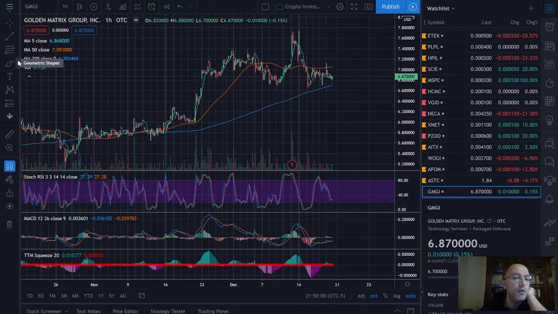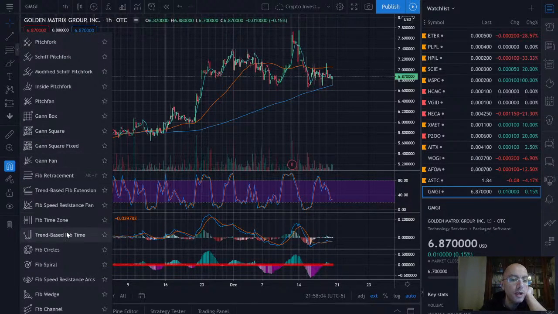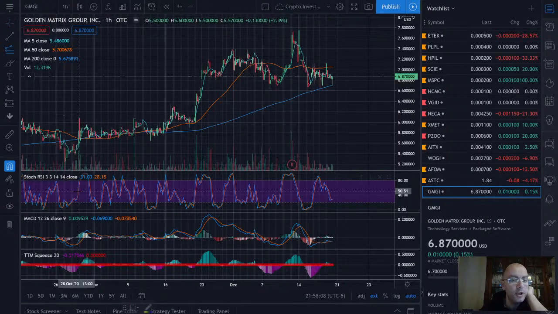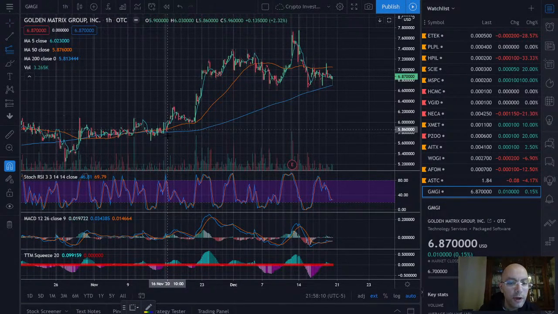You just want to know how far this goes and when to take profits. You go here and you take Fibonacci. Where is it? Trend-based Fibonacci extension. Again, remember the rule? You start from swing low.